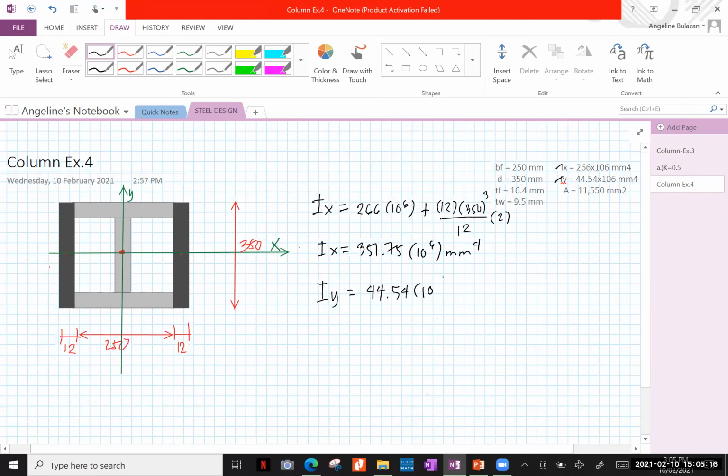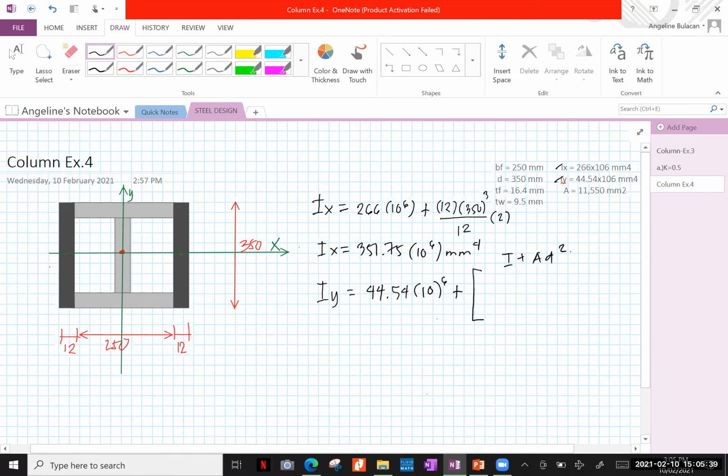Again, yung transfer equation, ginagamit natin siya dun sa members, nita-transfer natin yung centroid. So, since yung IY ng W section is nandun na siya, hindi na natin gagamitan. 10 raised to 6 plus yung centroid ng dalawang plate. Using your I plus A d squared.